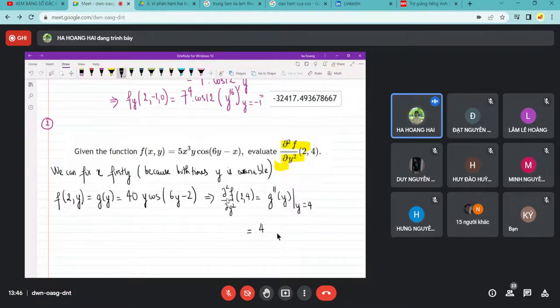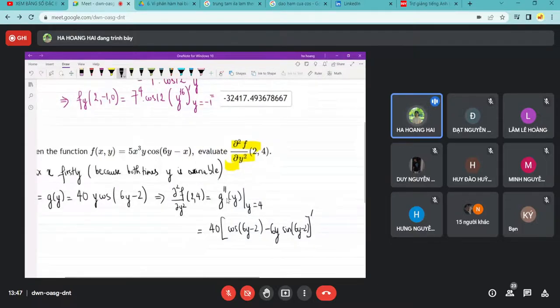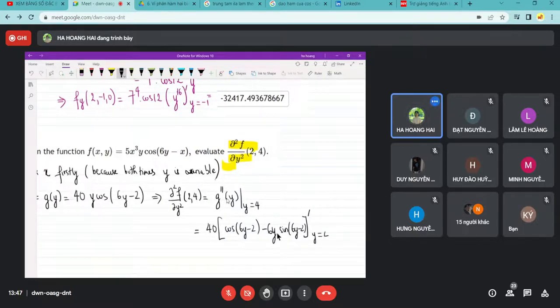We have cosine of 6y minus 2, right? And minus y times 6 times sine of 6y minus 2. And we take the derivative of this at y equal to 4.